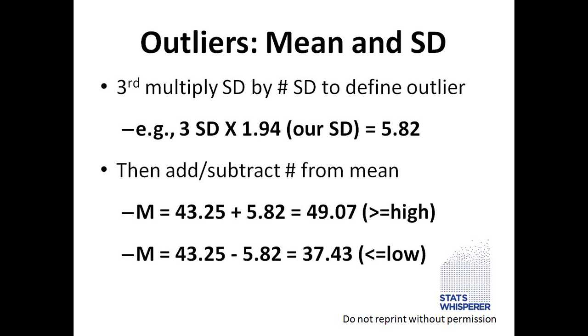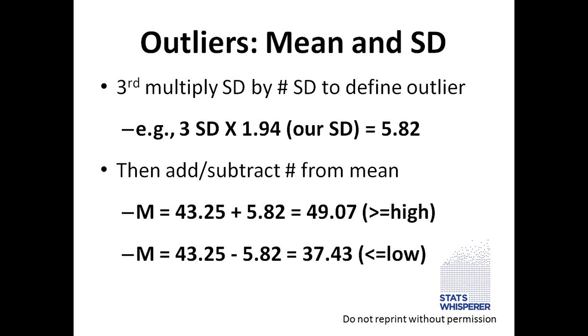So our third step here, we're going to multiply the standard deviation by the number of standard deviations. So we have 3 standard deviations, so it's 3 times 1.94, which is our standard deviation, which is 5.82. So 5.82 above: 43.25, which is our mean, plus the 3 standard deviations, which is 5.82, is 49.07.